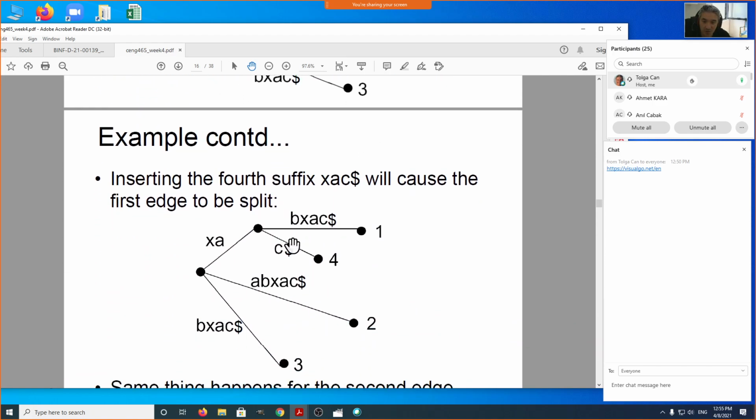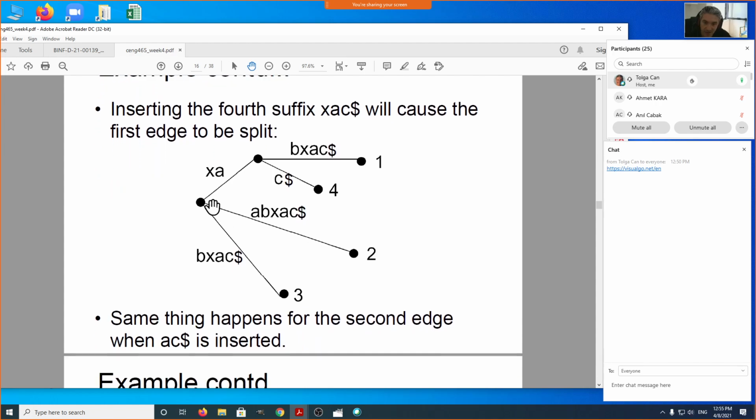When we come to the fourth suffix, which is XAC dollar, we match its characters, and then we split this edge at the first mismatch. B and C are mismatching, and we introduce an intermediate node, and the mismatch part becomes a path on its own for this new suffix, and suffix 4 is inserted nicely.